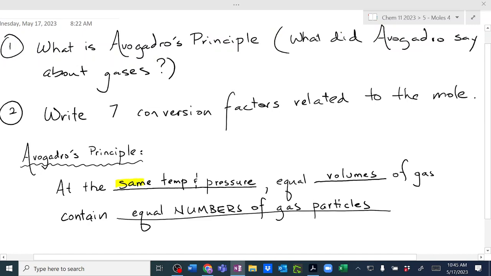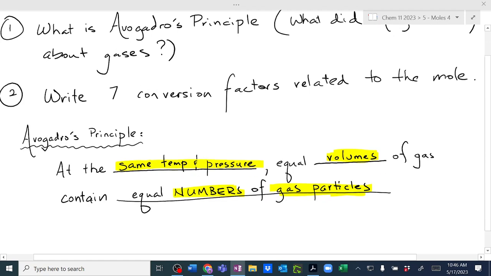So at the same temperature and pressure, equal volumes contain equal numbers of gas particles.